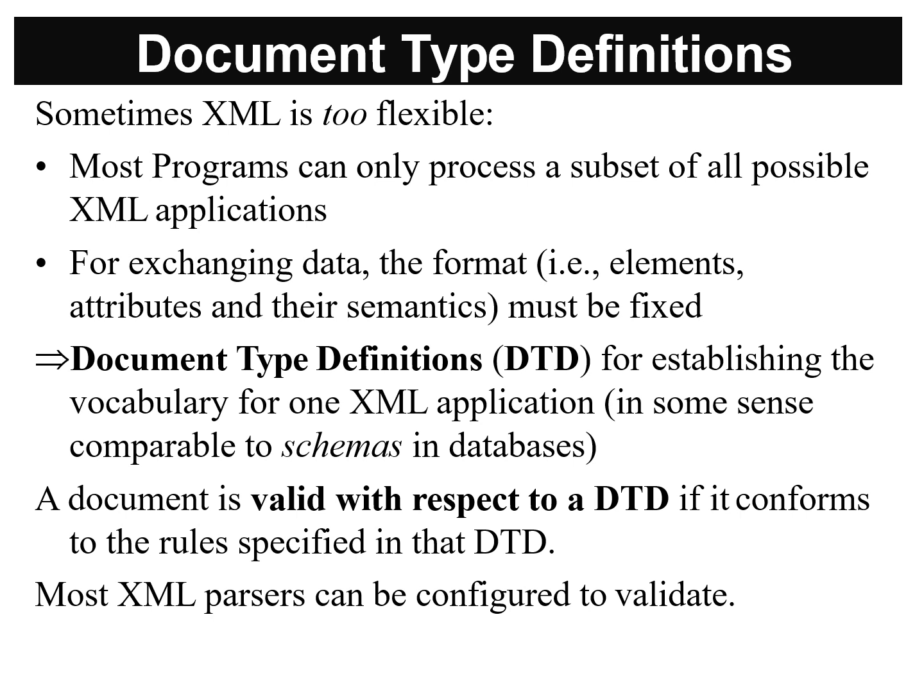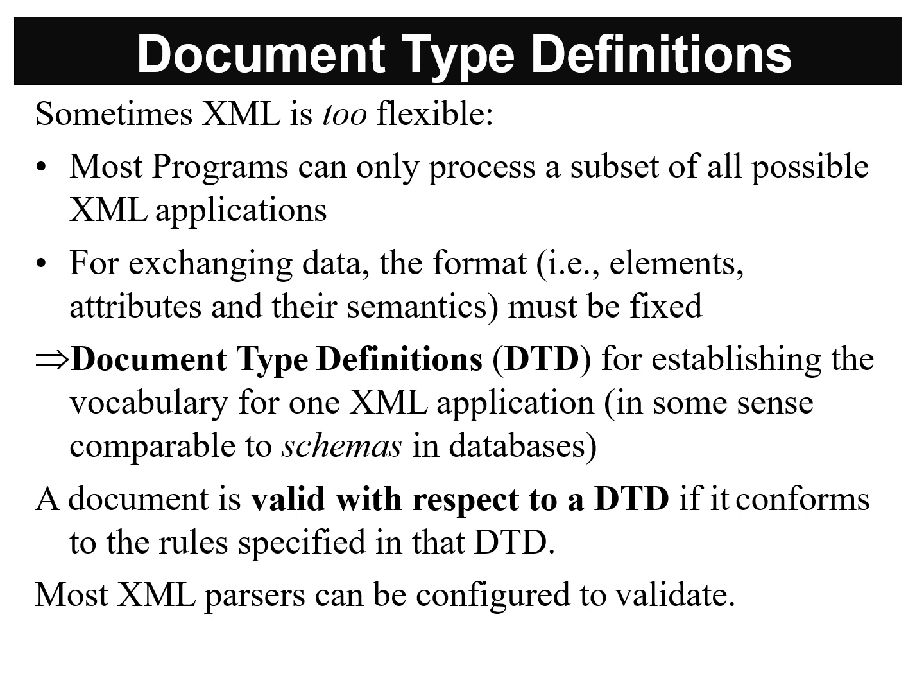Document type definition. Sometimes XML is too flexible. Most programs can only process a subset of all possible XML applications. For exchanging data, the format, elements, attributes, and their syntax must be fixed.